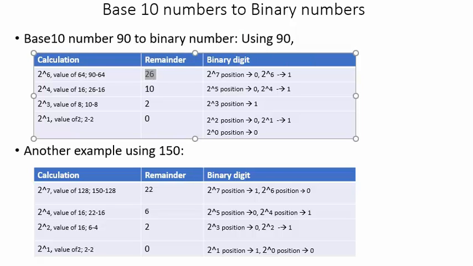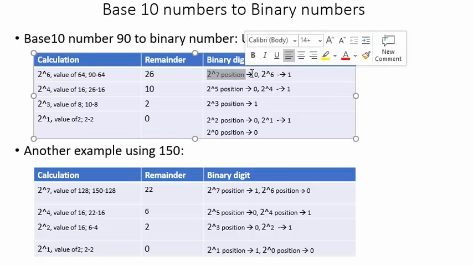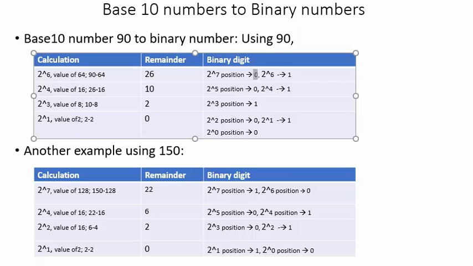That's the remainder, right? So 2 to the 7th, we didn't use, which is 128. So you assign 0. 2 to the 6, we just used in this calculation, so we give 1. Anytime the digit position has been used, you give a 1. If the digit isn't used, you give a 0.